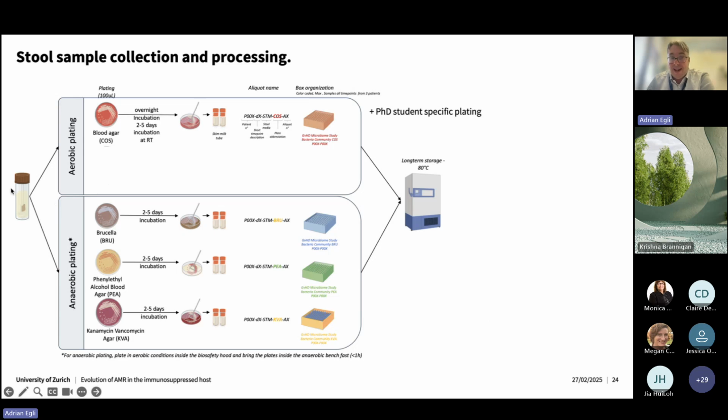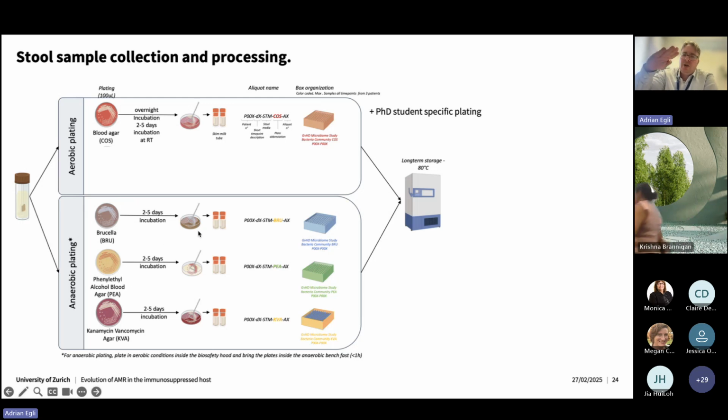We also then plate the stool samples. So we have two plating strategies. We do aerobic plating, so that's what the lab technicians are doing, and anaerobic plating. You can see here the plate types, so blood agar plates, Brucella plates, and so on. And then it's incubated in the aerobic concentration overnight, but in the anaerobic conditions 2 to 5 days.